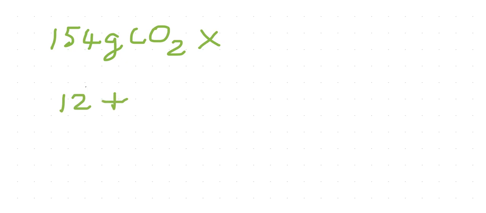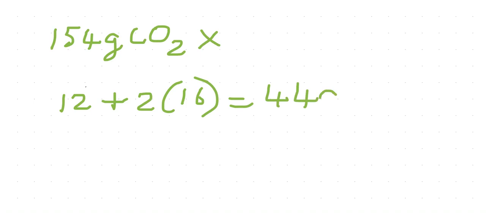Each oxygen has a mass of 16. So 2 times 16. This should give you a total of 44 grams per mole for the molar mass of CO2.